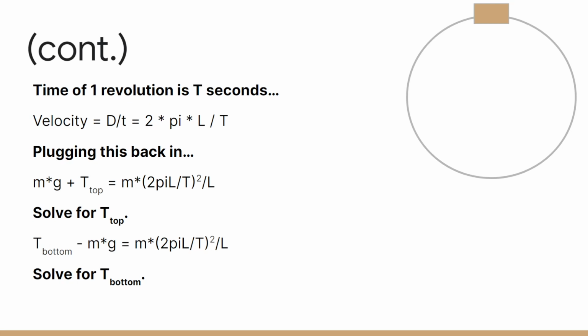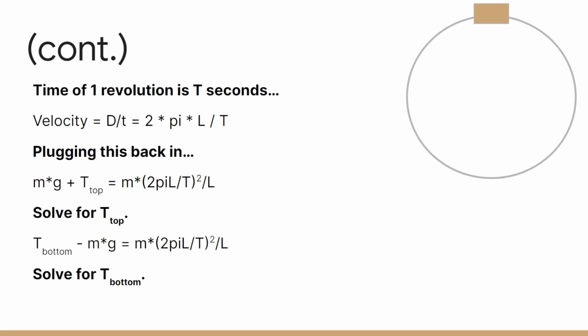Now we're going to plug this in, and also make a substitution for our F of T. So at the top, the tension at the top plus mg is equal to m times 2 pi L over T squared over L. If you don't fully understand, make sure you pause the video so you take a moment to digest everything.